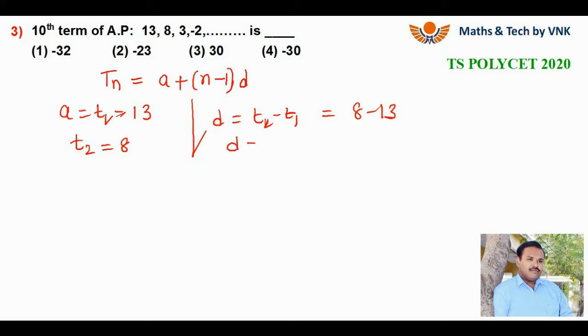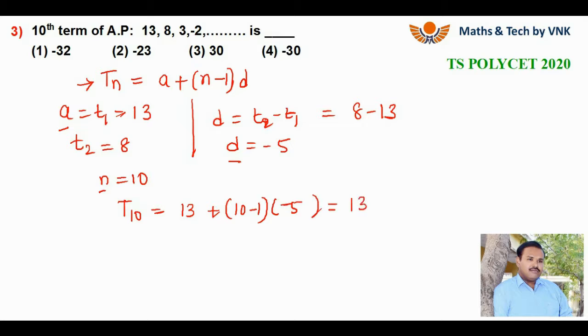In order to find the 10th term, n is equal to 10. So substituting the values of A, D, N in Tn, then T10 is equal to A, which is 13, plus n, which is 10 minus 1, into D, which is minus 5. So this is equal to 13 plus 9 into minus 5. So this is nothing but 13 minus 45, which is equal to minus 32. So the correct option is 1.